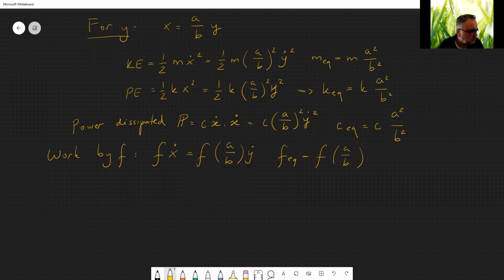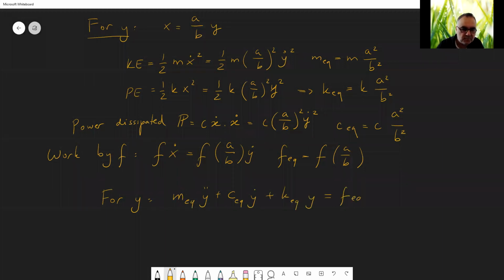So the equation of motion in the y coordinate is going to be something like this. If you do everything together for y, m equivalent y double dot plus c equivalent y dot plus k equivalent y is equal to f equivalent.